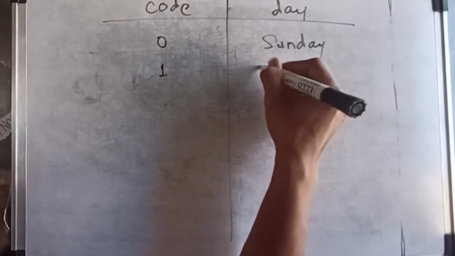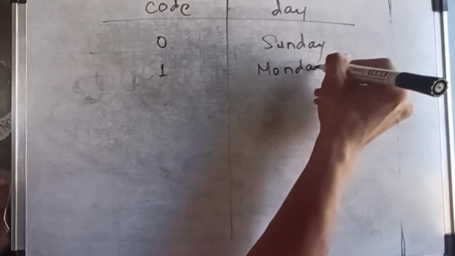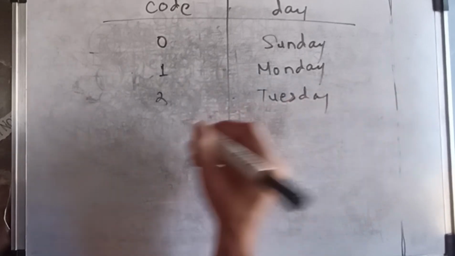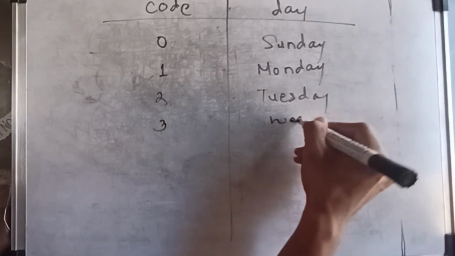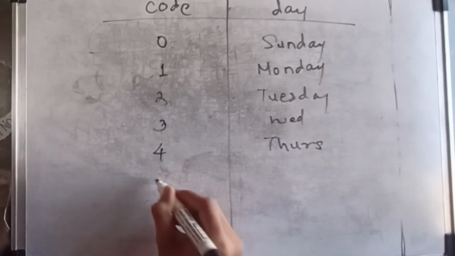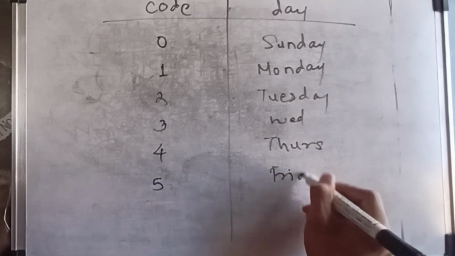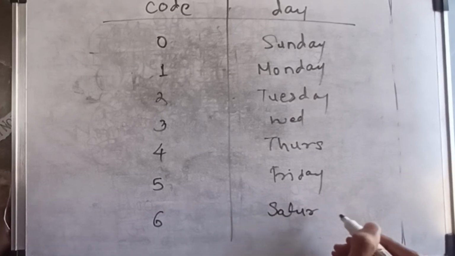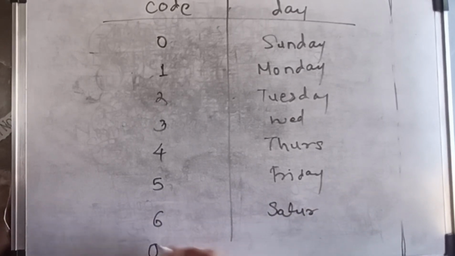For 1, it is Monday. For 2, it is Tuesday. For 3, it is Wednesday. For 4, it is Thursday. For 5, it is Friday. And for 6, it is Saturday. Then it will be 0, which will repeat on Sunday. So this goes on and on.